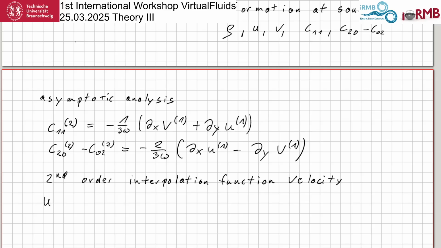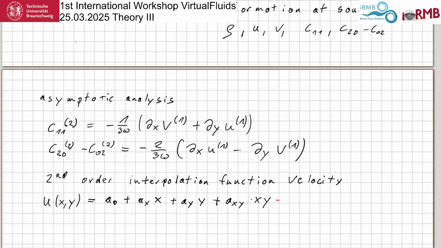We say that u at x and y is given as a0 plus ax times x plus ay times y plus axy times x and y. So this is bilinear interpolation, right? And this is the information that you get just from the velocity itself.